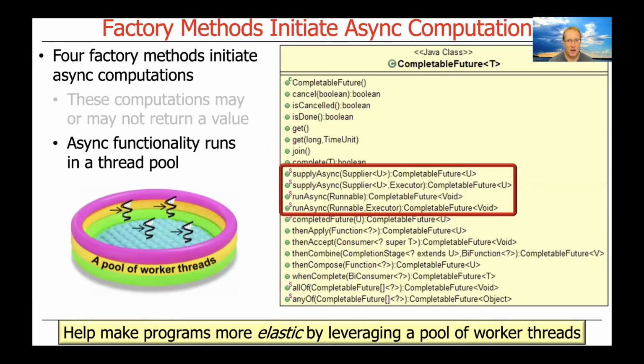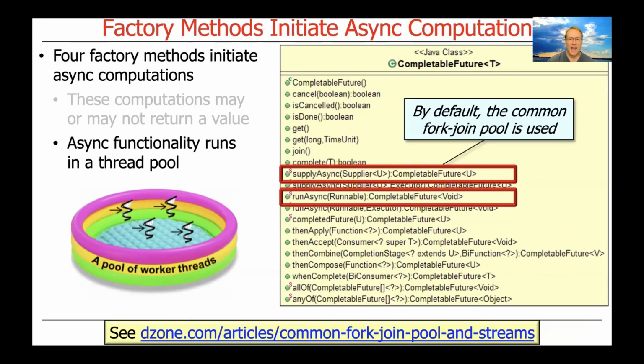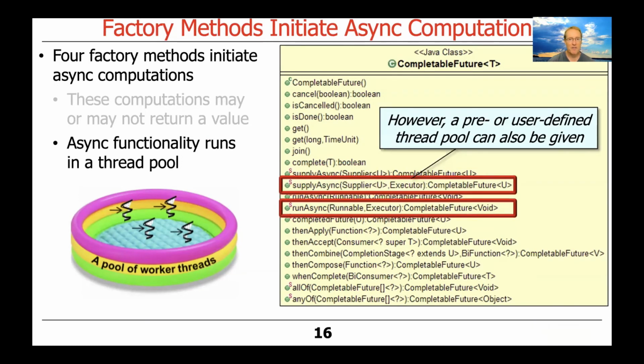Once again, notice that in all the cases of supplyAsync and runAsync, the actual computation takes place in a thread pool, and that supports the reactive programming principle of elasticity because that pool can be mapped to multiple threads, or rather multiple cores. By default, the common fork join pool is used, but if you want to provide your own pool, then you can do it.